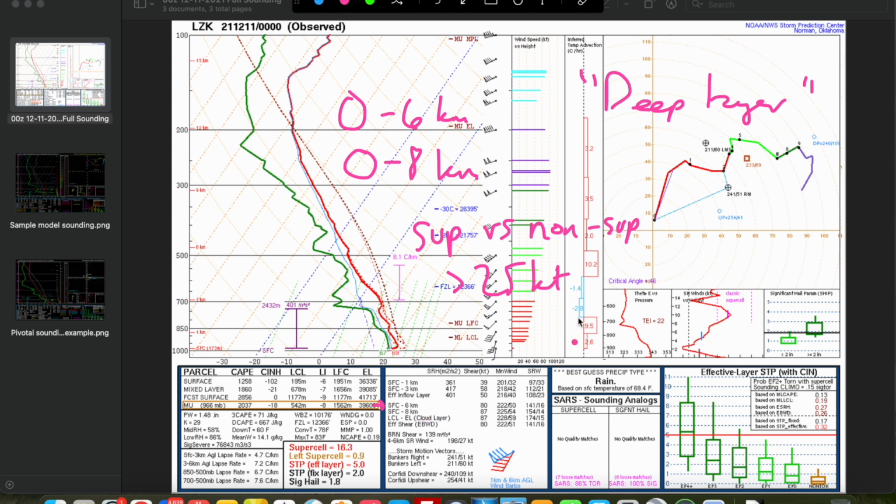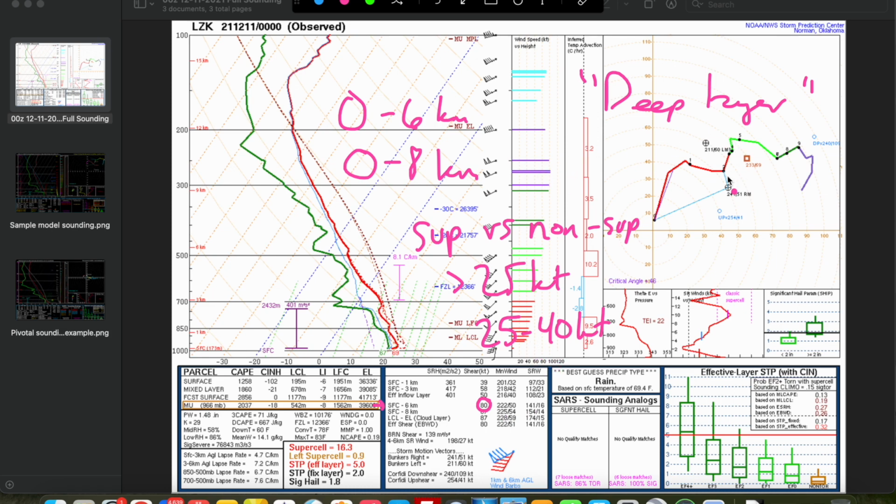And when we see a 0 to 6 kilometer shear value of above 25, usually 25 to 40 knots is kind of that transition zone for non-supercell to supercell thunderstorms. When we see anything above kind of this threshold value, supercells are much more likely. And you can see in this case we have very strong shear, 0 to 6 kilometer shear of 80 knots.